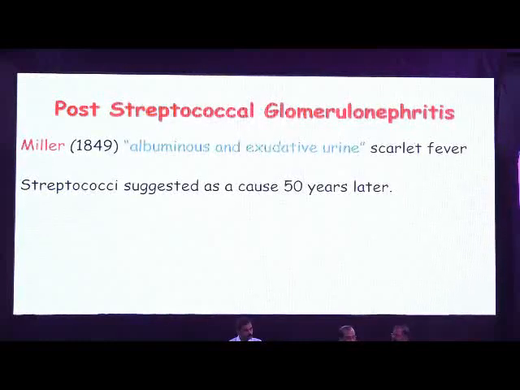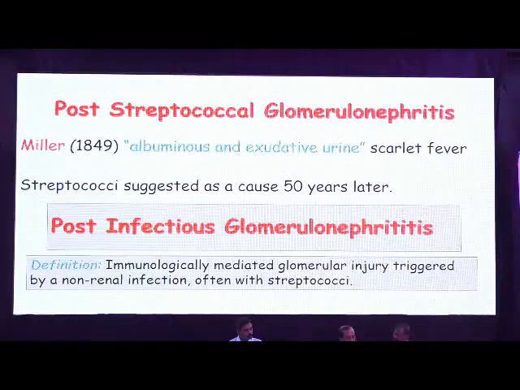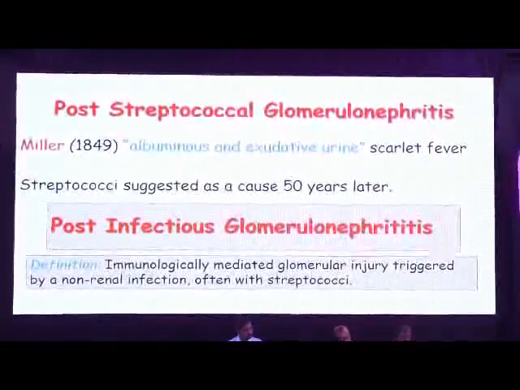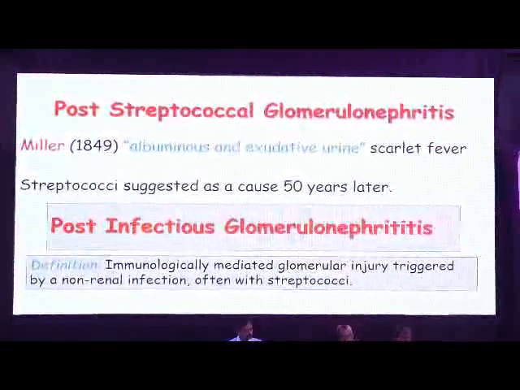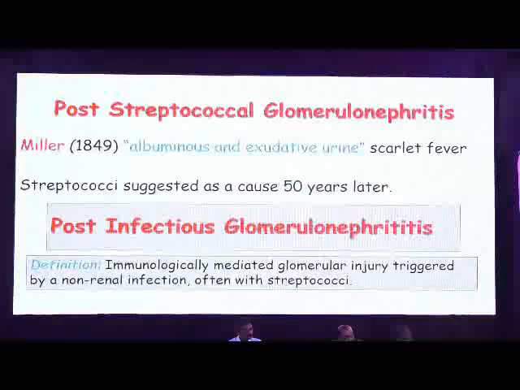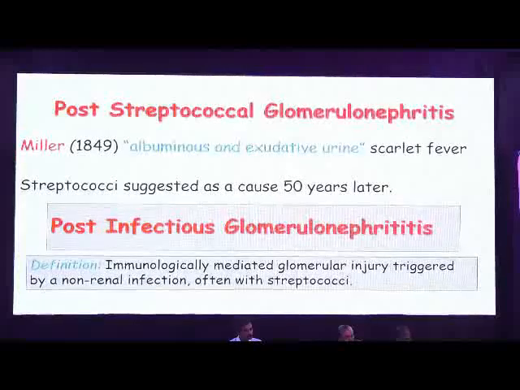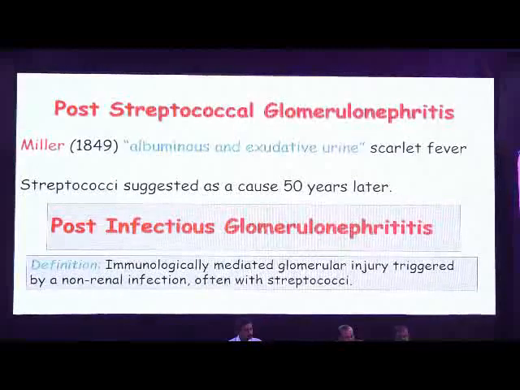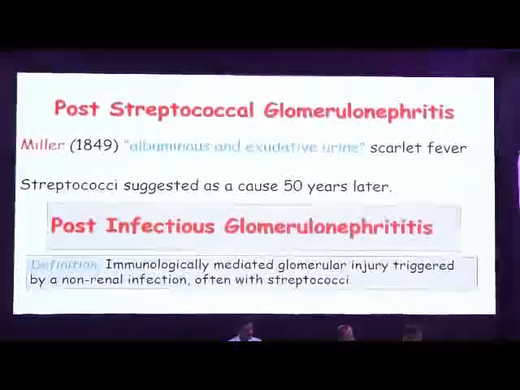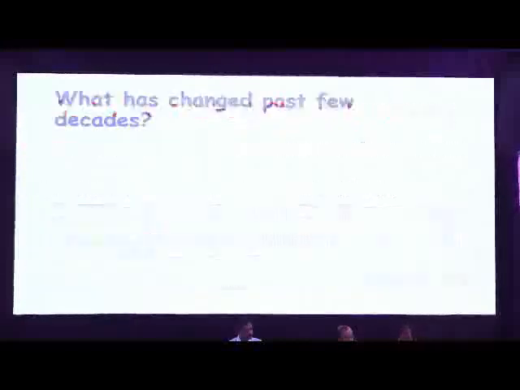So it is important to understand that all glomerulonephritis is not post-streptococcal. And nowadays, we call it post-infectious glomerulonephritis, which is defined as immunologically mediated glomerular disease triggered by a non-renal infection, most often with streptococci, but remember, many other organisms can also cause post-infectious glomerulonephritis.